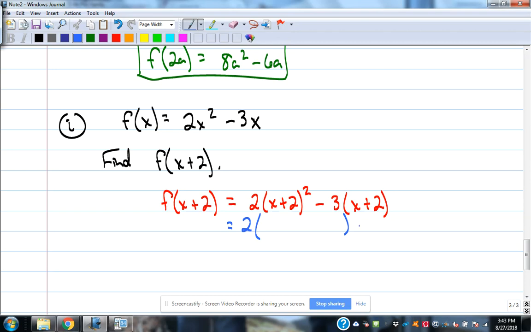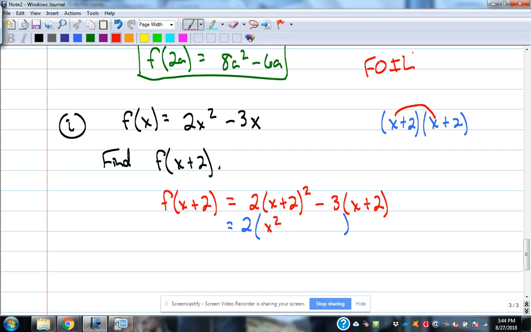Close. What does it mean to square x plus 2? It means x plus 2 times x plus 2, right? So it'd be x times x is x squared. And then, y'all hear the word FOIL?